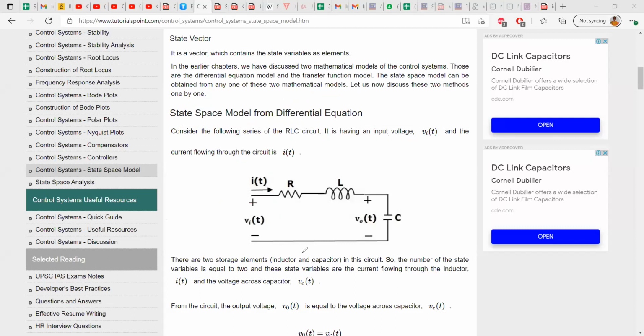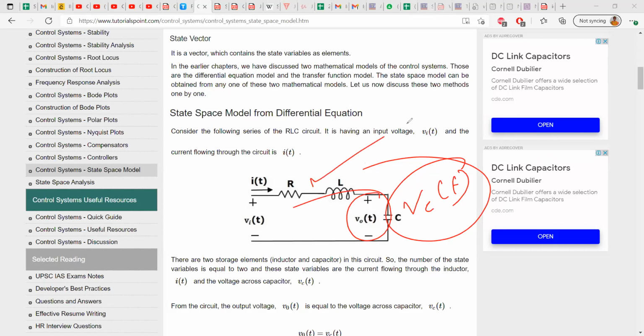The output is the voltage across the capacitor, that is Vc of t. From the circuit, output voltage V0 of t is equal to the voltage across the capacitor, which is the output voltage of this series circuit.